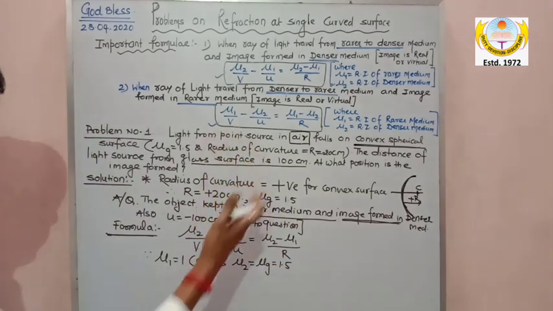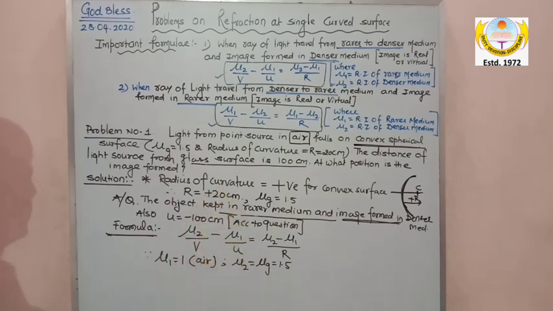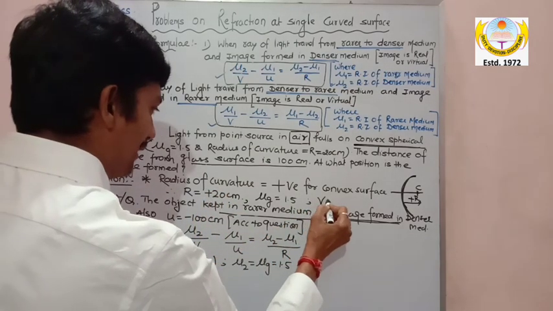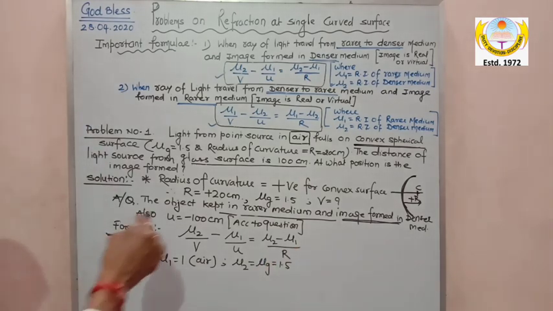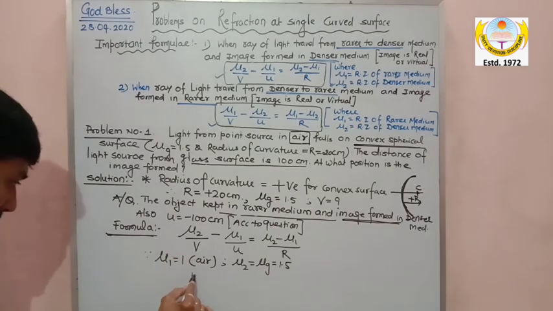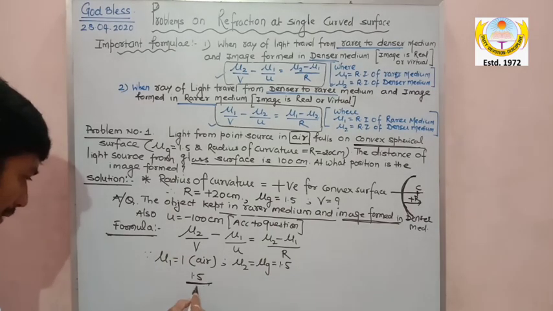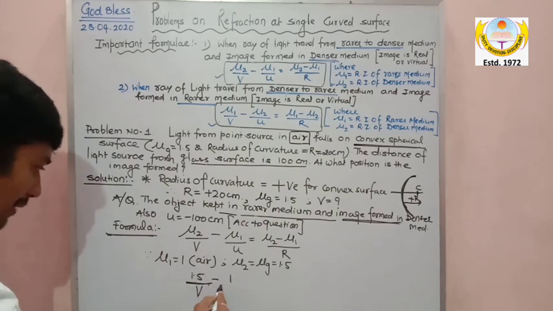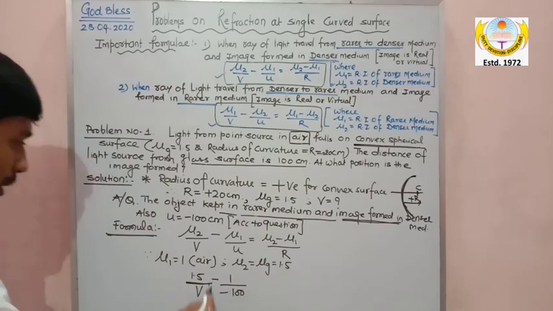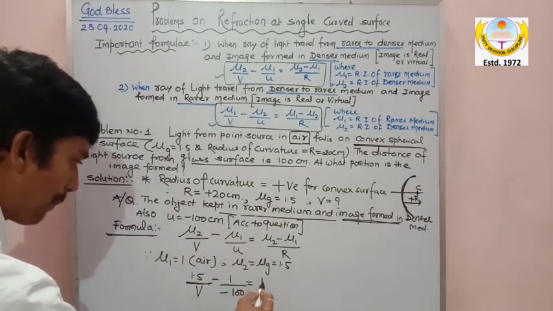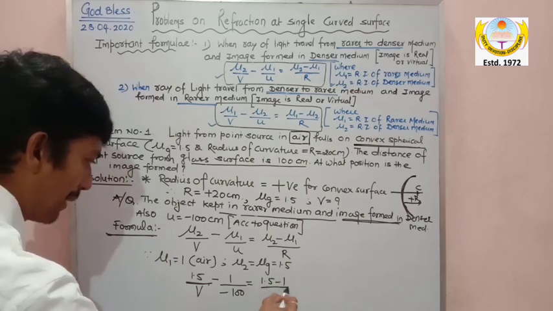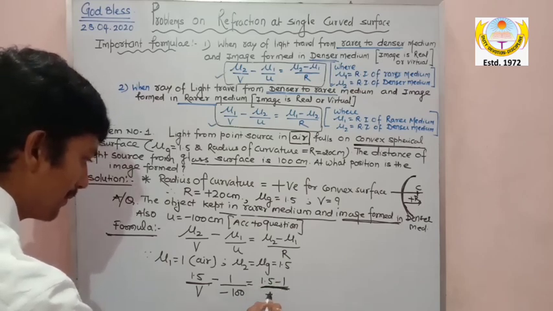R is always given, and we are supposed to find V. So now, from my discussion, this is 1.5 divided by V minus 1 divided by minus 100, because U is minus 100, is equal to 1.5 minus 1 divided by plus 20.